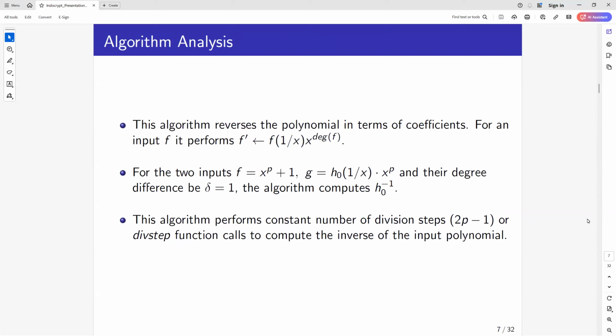The input of the algorithm is f, which is x^p plus 1, and the reversed polynomial h0, and the degree difference then becomes 1. The algorithm outputs the inverse of h0. And how many div step calls does it make? It makes 2p minus 1. That means irrespective of the input size, irrespective of the degree of h0, it always performs 2p minus 1 div steps. So that's why it is constant time.